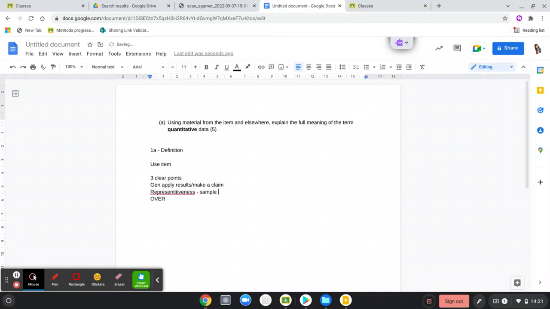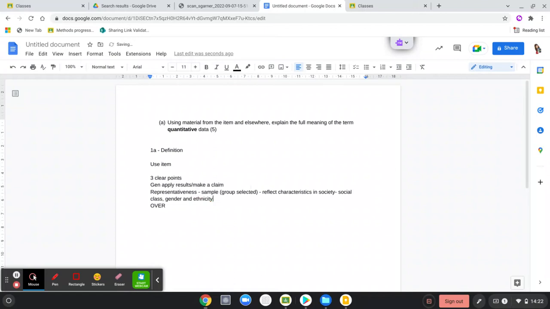Does the sample, excuse the spelling mistake there, the sample or the group selected, do they reflect the characteristics in society in terms of social class, gender, and ethnicity?